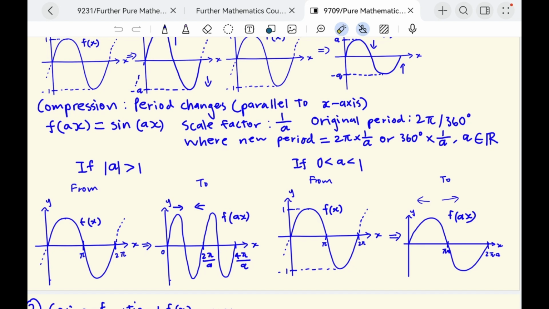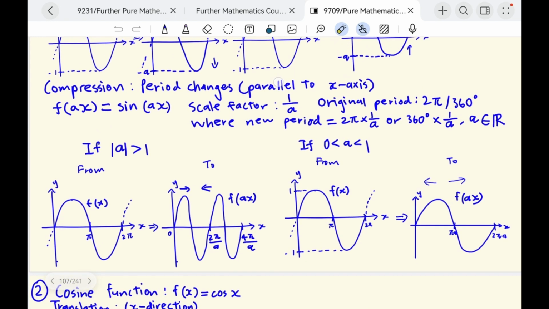Before you transform the sine graph, you need to take a look at the original period. If the question asks you to find the new period, it is the ordinary 2 pi times 1 over a, or divided by a, or 360 degrees times 1 over a, for a belonging to the real numbers.